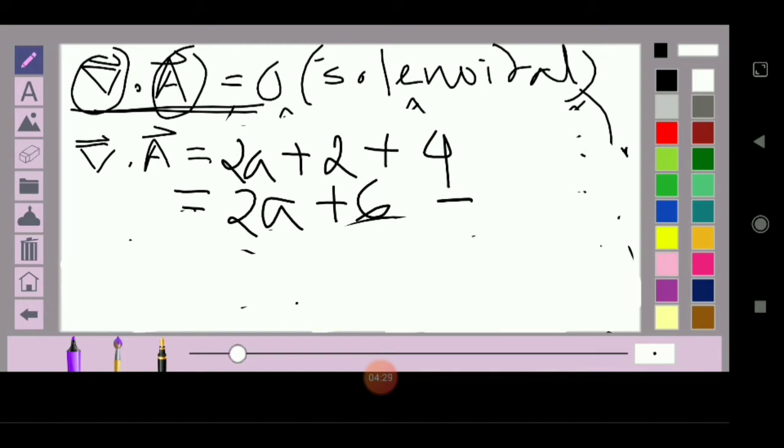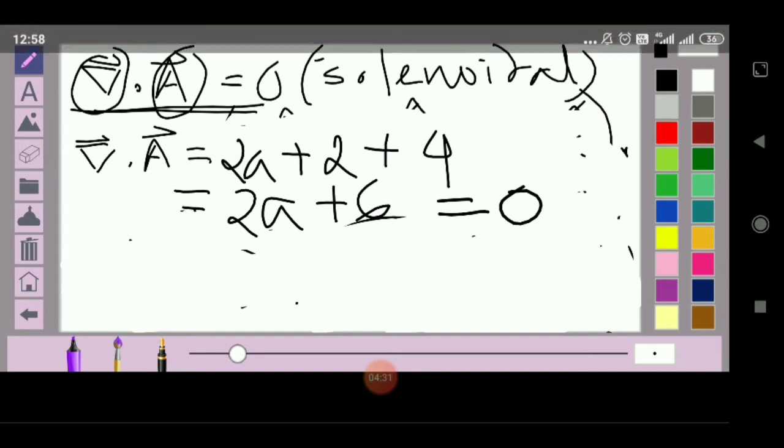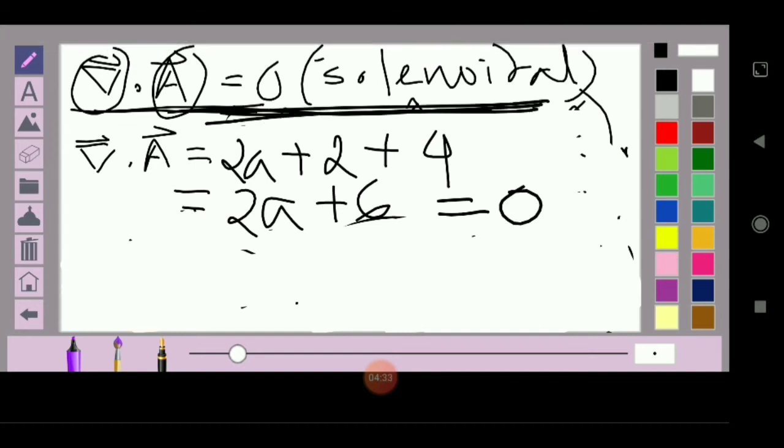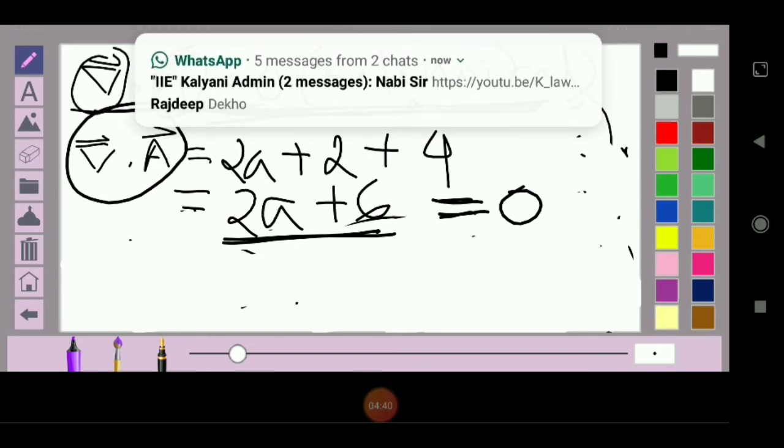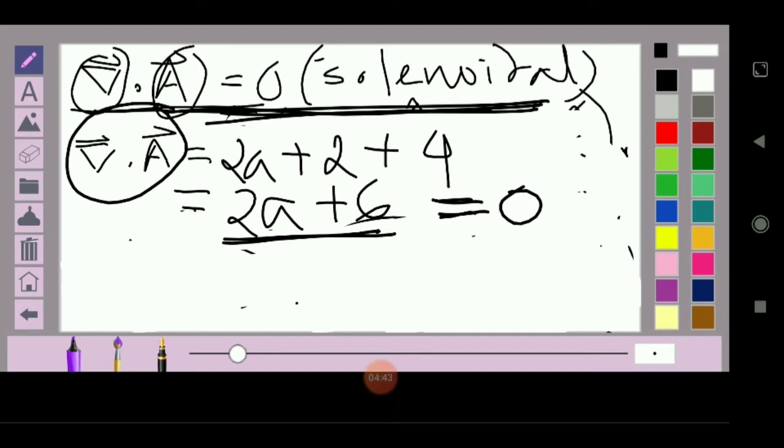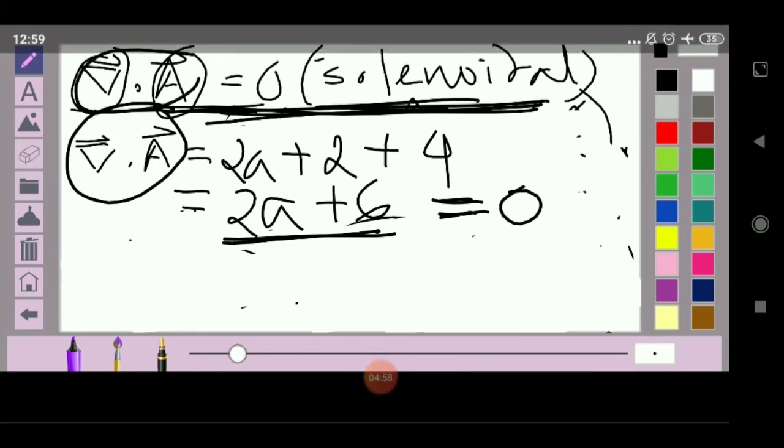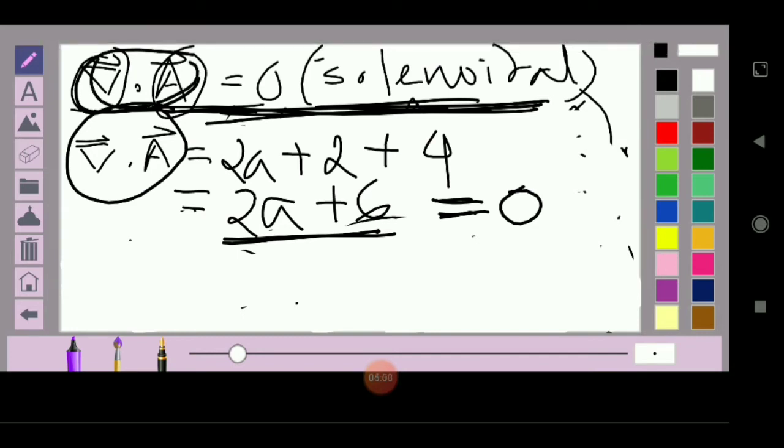So here del dot A is 2a plus 6, and that should equal 0 for the vector A to be solenoidal. For being solenoidal, del dot A equals 0, that's why the expression of del dot A, which is 2a plus 6, should be equal to 0.